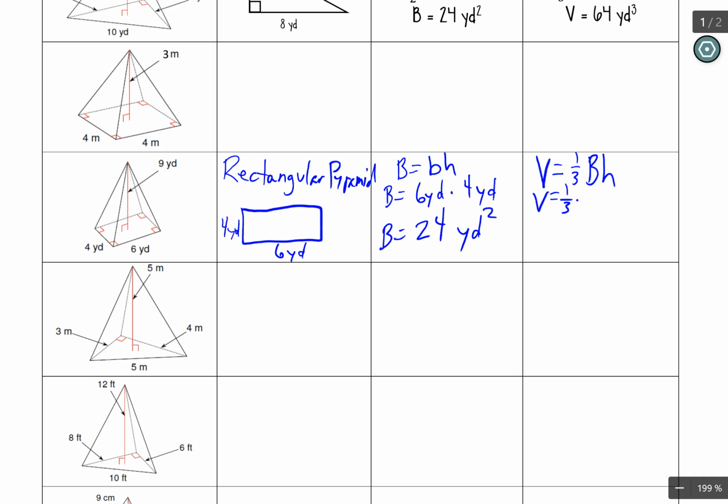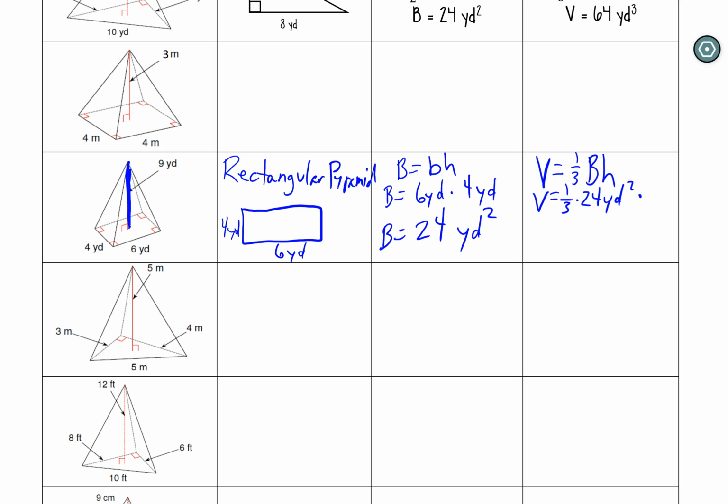Area of the base was 24, so I'm going to substitute that, 24 yards squared, times the height. And remember, this is a different height. This is not the same height as my base shape, but instead that height is referring to the tallness of my 3D object, in this case a pyramid.